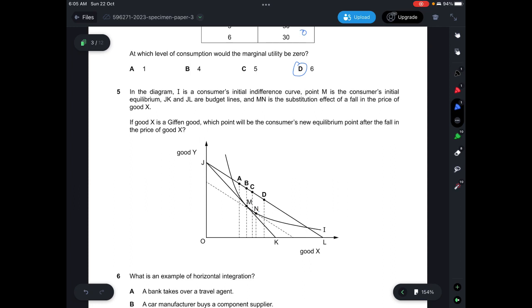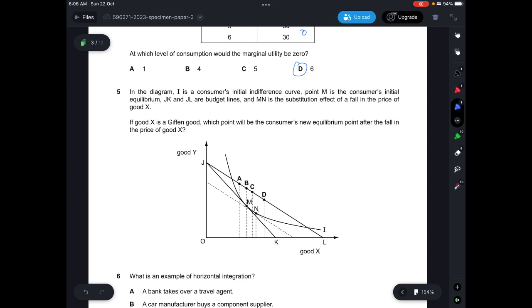So now we know that good X is a given good. Okay, so if good X is a given good, which in this case would also mean that it is not a normal good, alright? So that means that when there's an increase in the price of this good, it will actually result in, not an increase, but a decrease in the price of this good.